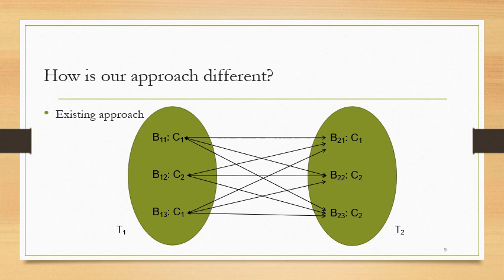And vice versa. That means for each branch in T2, the comparison is done with each branch of T1. This is how the brute force comparison looks. If there are m branches in T1 and n branches in T2, it is going to be m cross n.